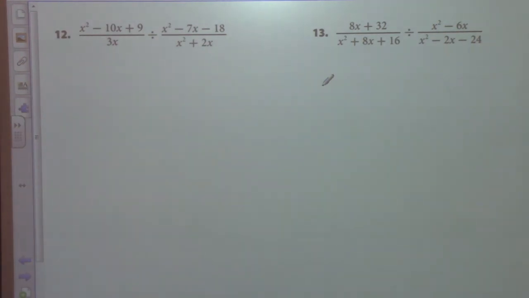First, you flip the reciprocal of the second one. Okay, so you're just saying, like, if we do a rewrite, it's supposed to be 9 over 3x. So you're saying just change that to this, like x squared plus 2x over x squared minus 7x minus 18.